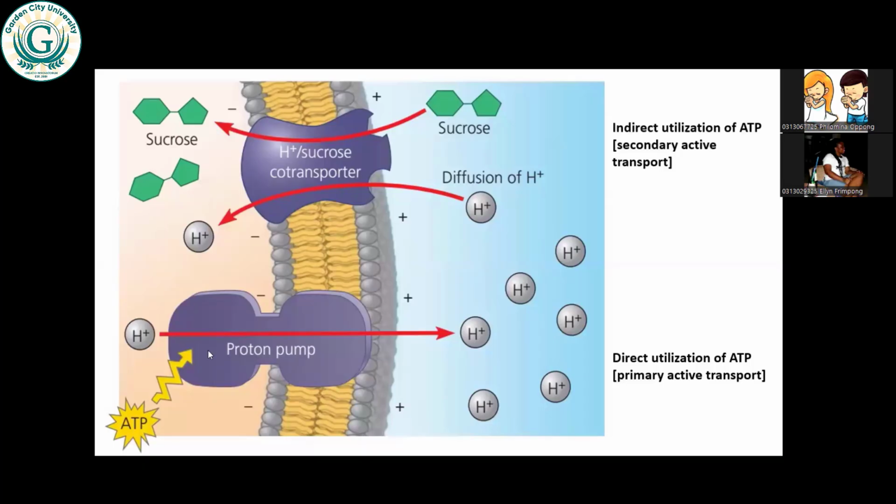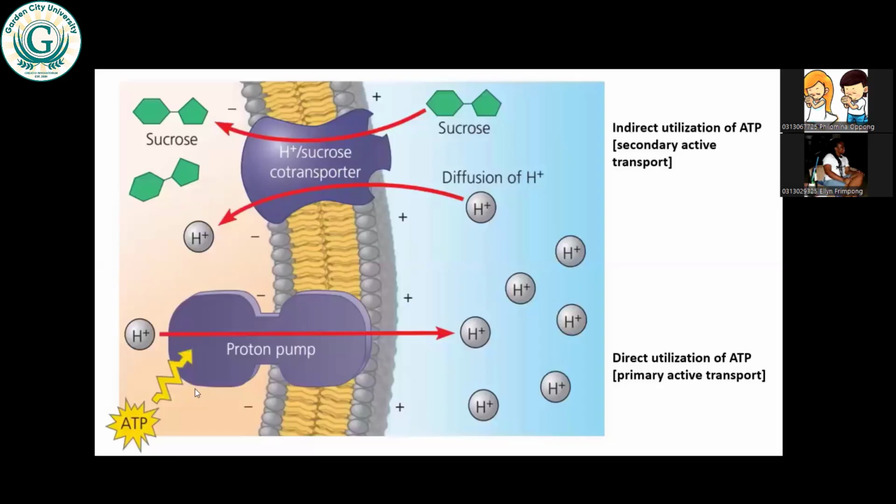So here, this pump has a binding site for the hydrogen ion. Hydrogen will first of all bind to it. Then ATP will bind to its binding site on the pump. Then the enzyme nature of the pump is going to break down the ATP into ADP and a phosphate group.